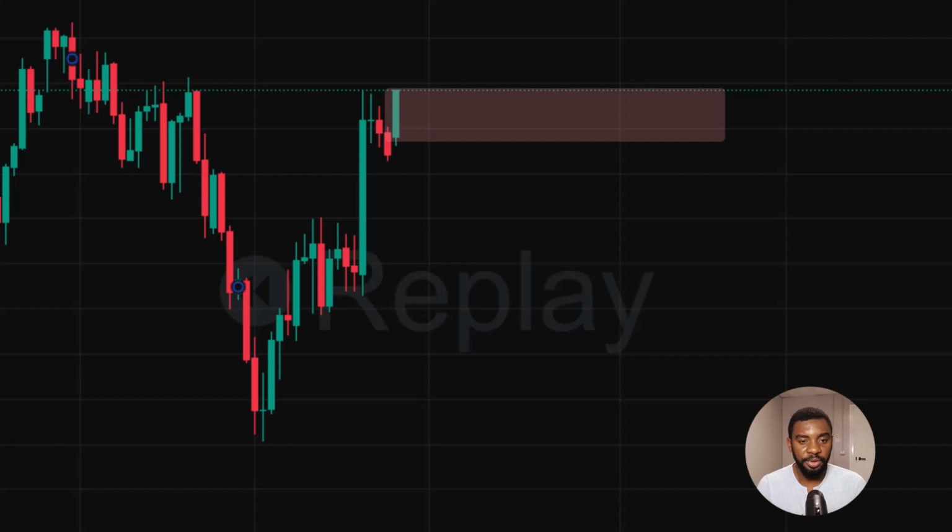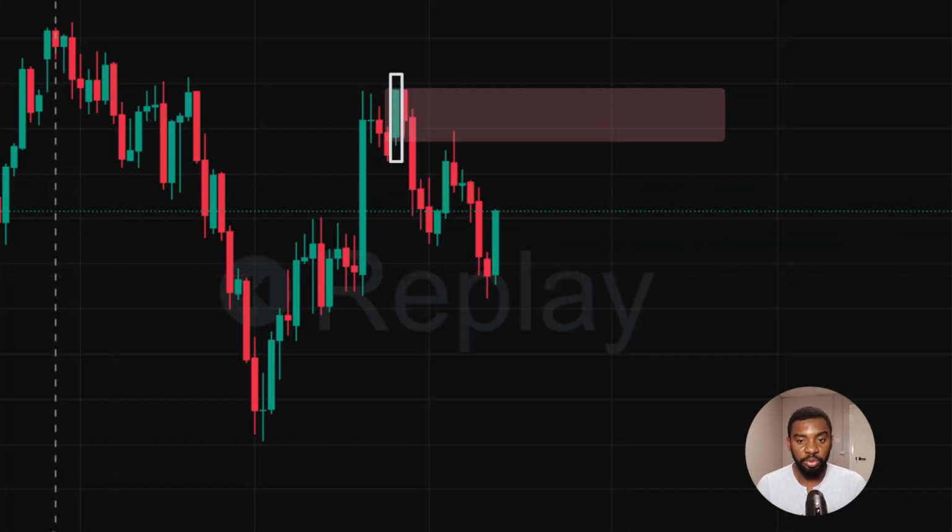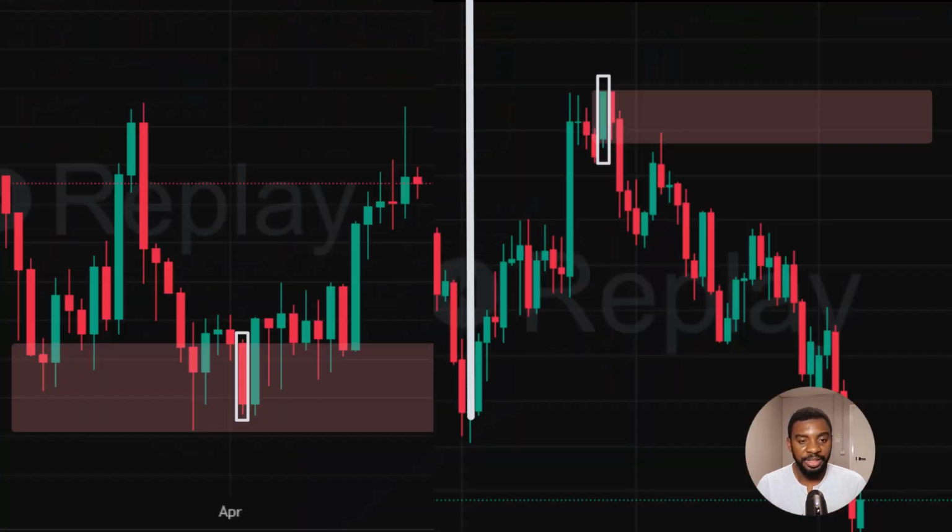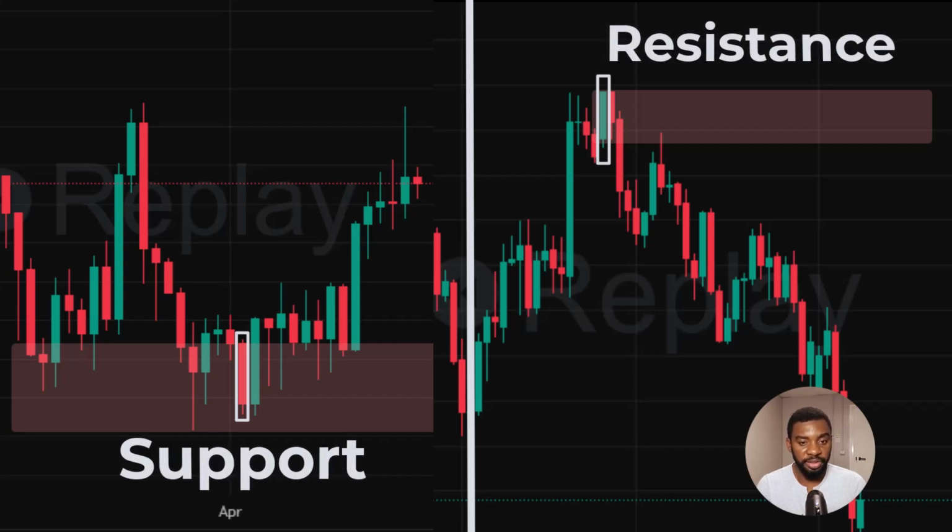Conversely, a bearish order block is the last up bullish candle before a sharp drop. These zones act like magnets for price. When revisited, they often serve as support or resistance where price reacts.